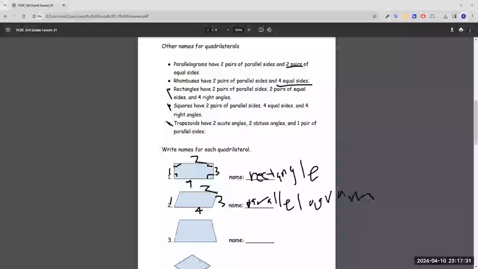But on the other hand, number three, we can see here that they all have four sides, but this one has two acute angles and two obtuse angles because it goes over 90 degrees. And it has one pair of parallel sides going that way. So it is a trapezoid. Now the last one, number four.